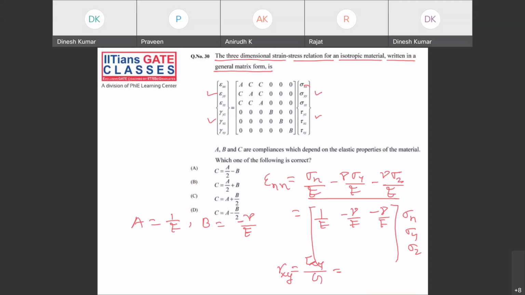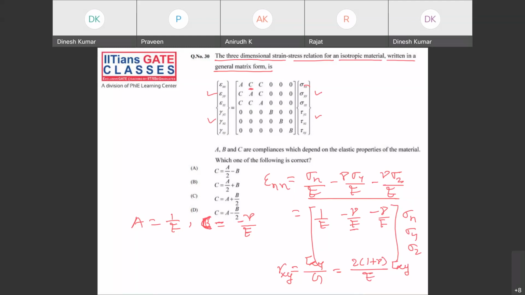We already know it is E upon 2 into 1 plus nu, so 1 by G is 2 into 1 plus nu upon E, multiplied by tau xy. Sorry, not B, it is C. If you compare with this matrix, C is minus nu upon E.